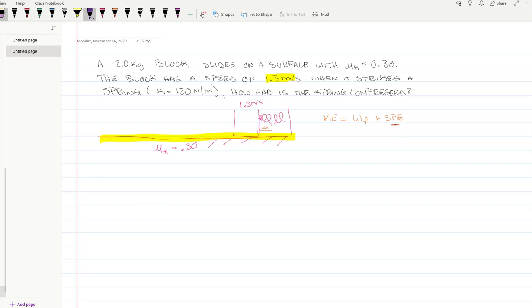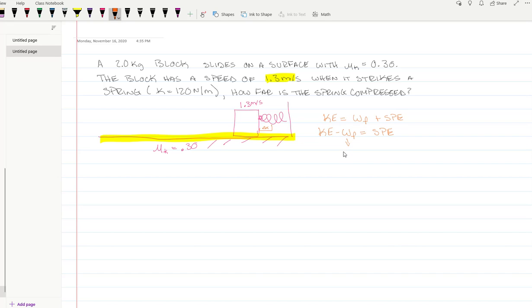And then I can go ahead and say, let's write this over here, that I have kinetic energy minus the work from friction equals the spring potential energy. And this is one of those things that I keep walking everybody through, as far as, well, did I put this on the right side? And it just kind of depends on your perspective.